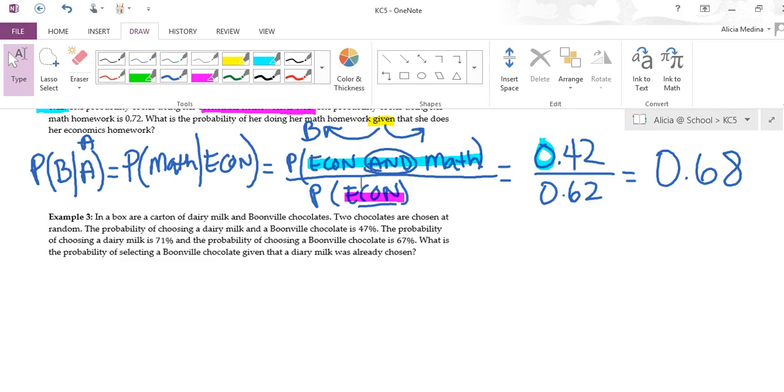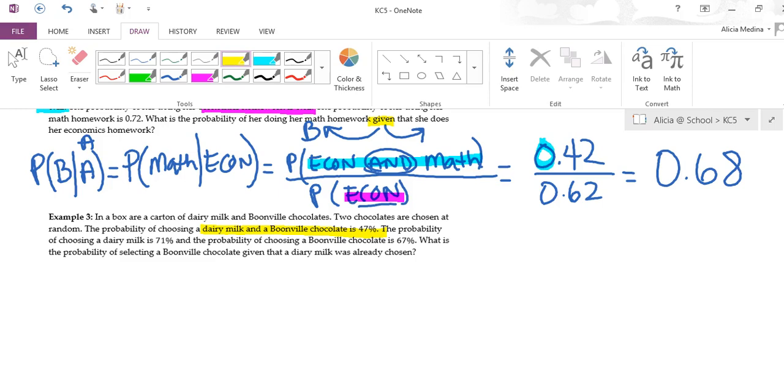Notice that is not a decimal, but it is our and statement. The probability of choosing a Dairy Milk is 71%, and the probability of choosing a Boonsville chocolate is 67%. What is the probability of selecting a Boonsville chocolate given that a Dairy Milk was already chosen?